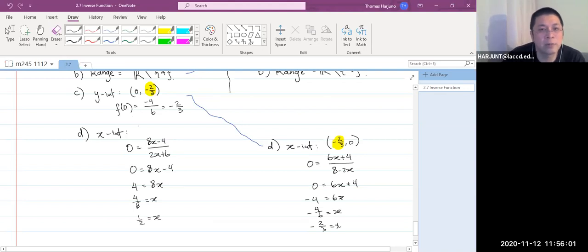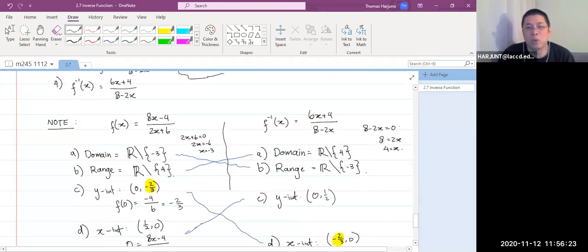So the x-intercept of the function is (1/2, 0). Later on, you will see, as you can guess, the y-intercept of the inverse function should be (0, 1/2). Let's see. f inverse of 0 equals 4 over 8, which is 1/2, right? Okay.